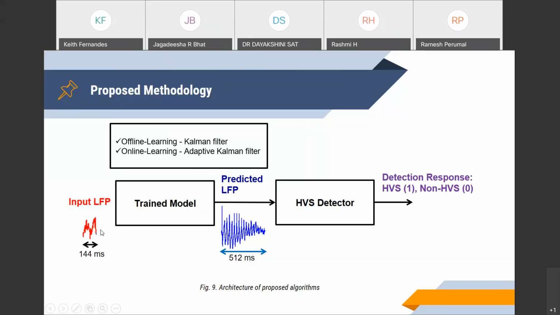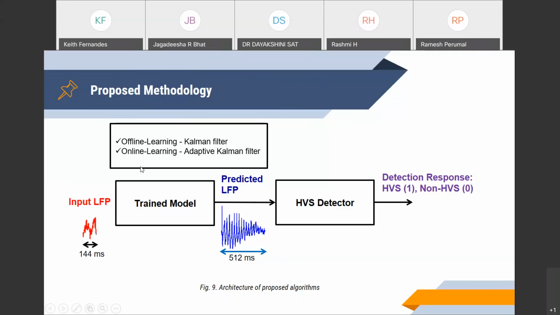When we give the input sample, a small segment, say 144 milliseconds, the offline learned model has to predict the LFBs, so that the LFB segment is extended to 512 milliseconds. Then we can use a Fourier transform based HVS detector to compute the HVS power, relative HVS power, to detect the occurrence of a spindle.